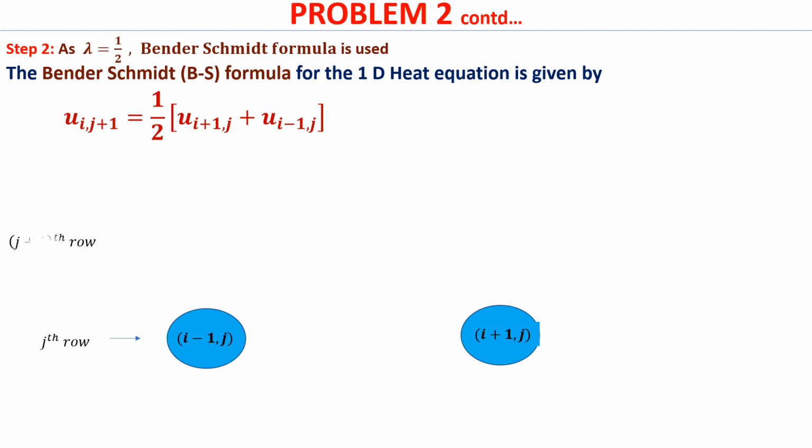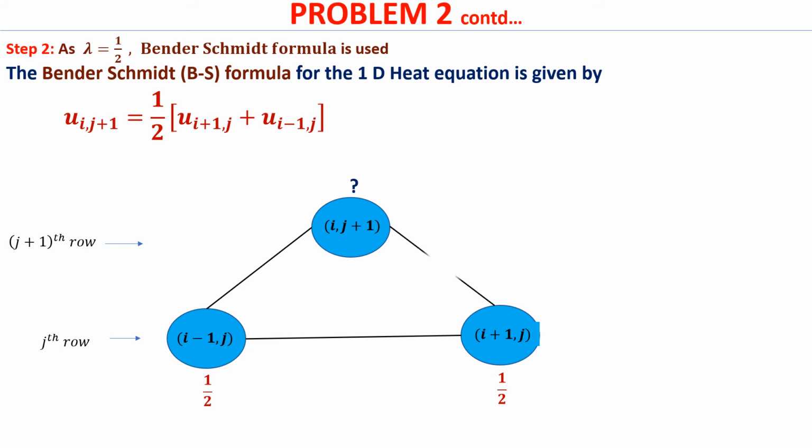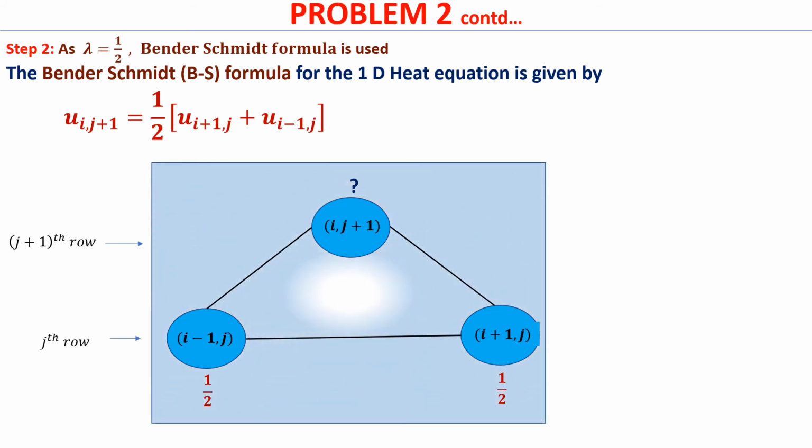We take up only 1 point, the center value, which is i comma j plus 1, and then the coefficients, with a question mark on the left side, and half for the two elements in the jth row, and connect all the circles by lines and then seal it up. So this is the figure that we would be using in our final step 5.